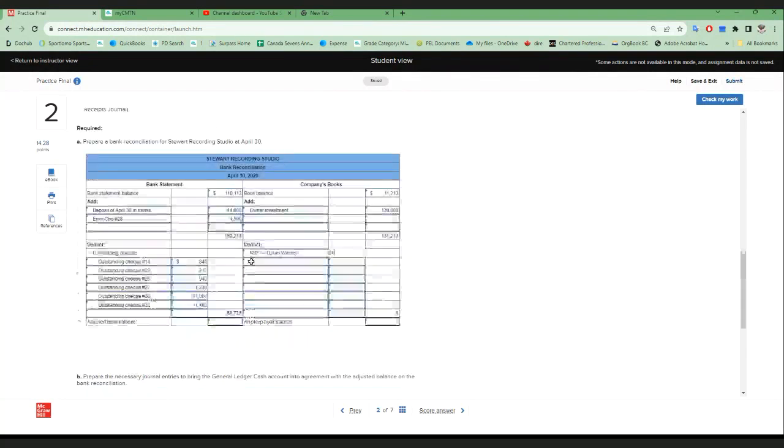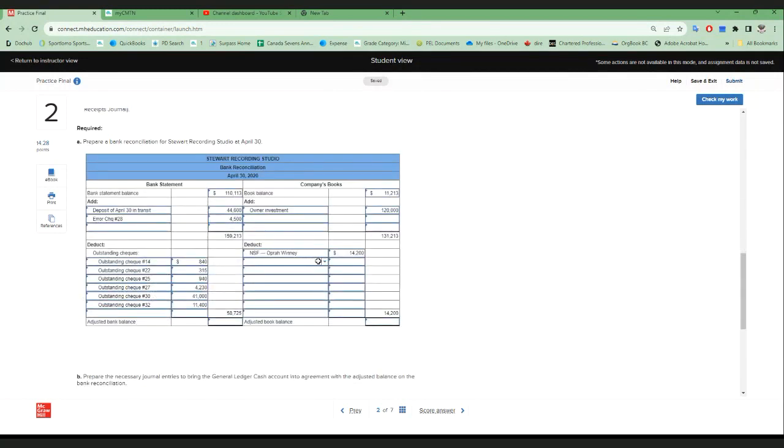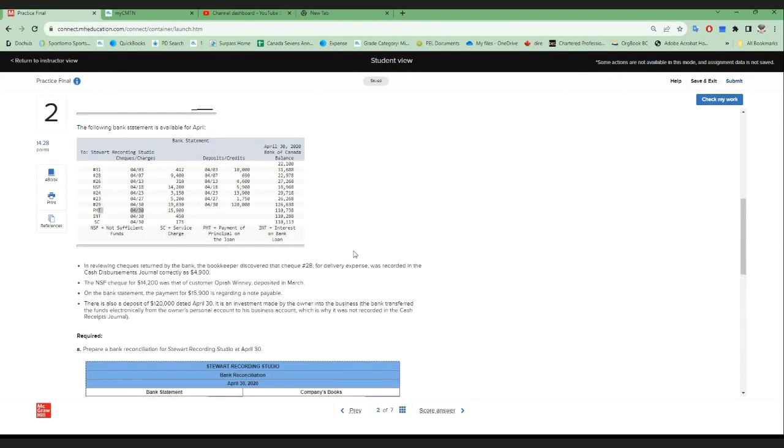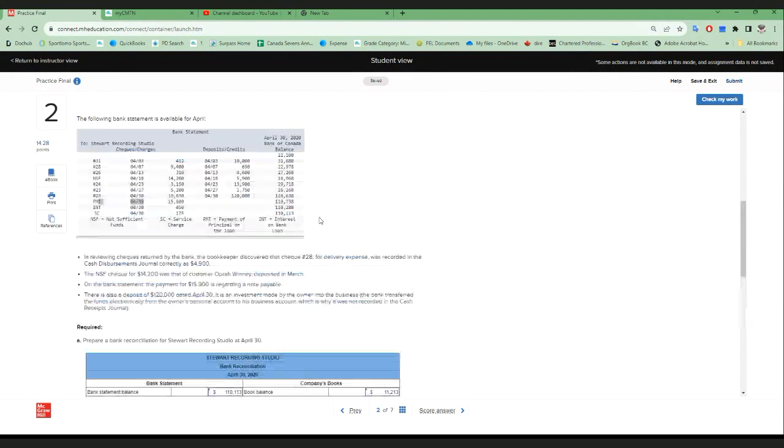Next one here is a payment, a bank loan note for 15,900. Got an interest charge of 450.